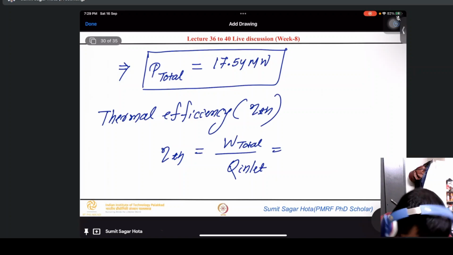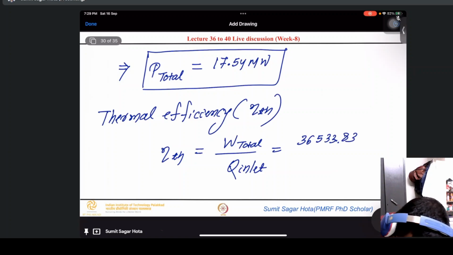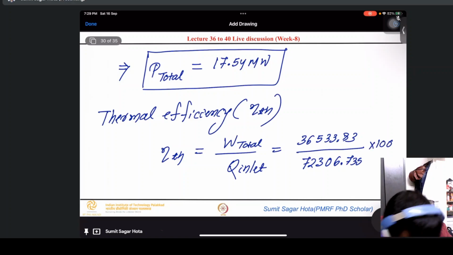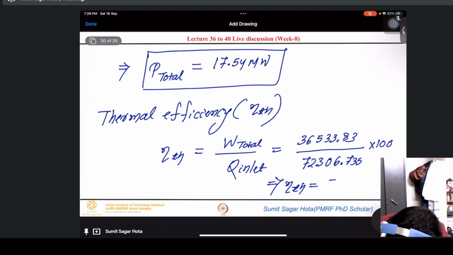Okay, what is total power? 36533.83 divided by 72306.735, into 100. Okay, thermal efficiency 50.53.